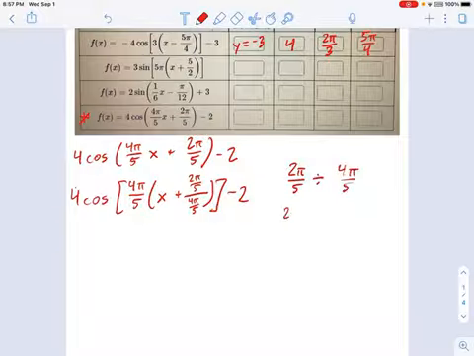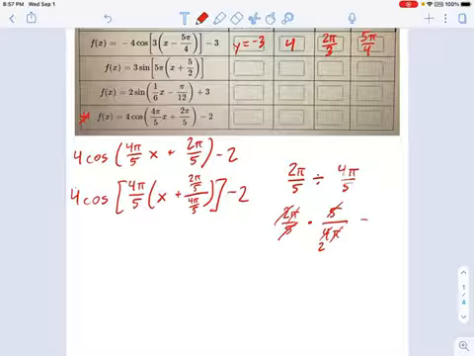Well, keep flip change. We're going to turn this into a multiplication problem with 5 over 4 pi. And those 5's cancel out. 2 cancels out, leaving a 2 on the bottom. The pi cancels out. Nothing's really left here. It's just 1/2.